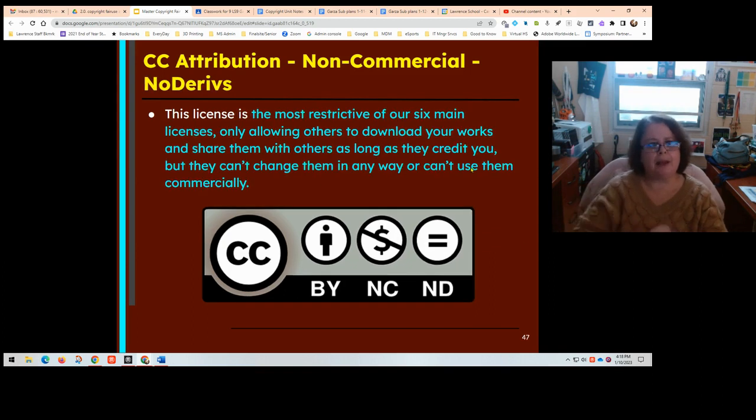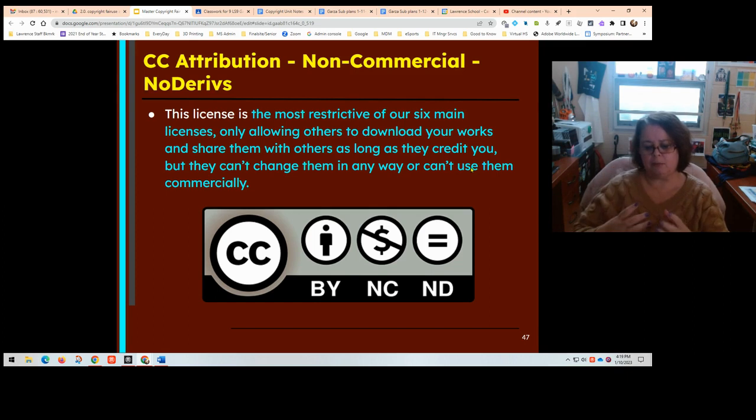And the last type of Creative Commons license is attribution non-commercial no derivatives. This is the most restrictive of the six types of licenses. It only allows you to download somebody else's work and share it as long as you credit them, but you cannot change it in any way and you cannot use it commercially.